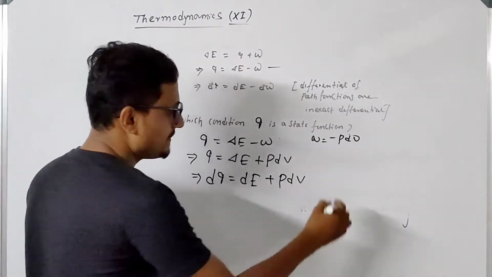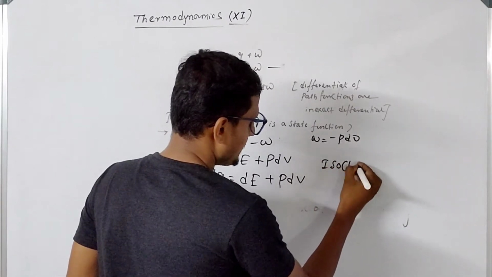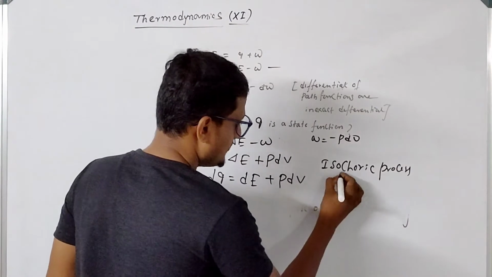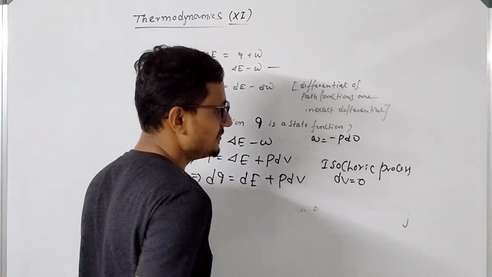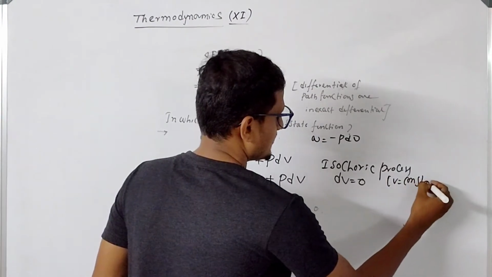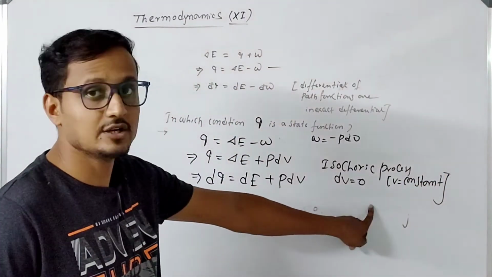Now under the isochoric process, this dV will be 0 as V is constant. So as V is constant, dV will be equal to 0.